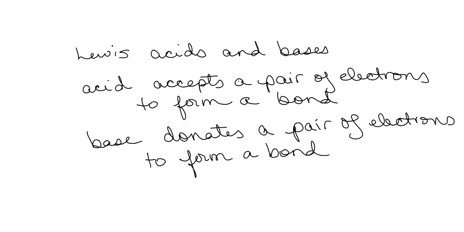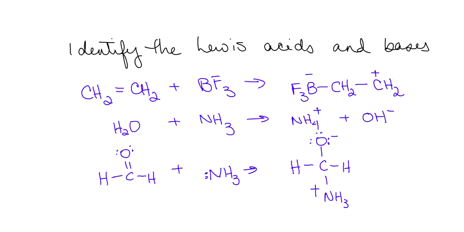So let's take a look at an example. Here, an example would be this. We're going to identify the Lewis acids and Lewis bases. The way we do this is you're going to compare your reactants to your products. If we look at the CH2, it's right here, but now, instead of having a double bond, I have a single bond. So what happened to the pi bond?